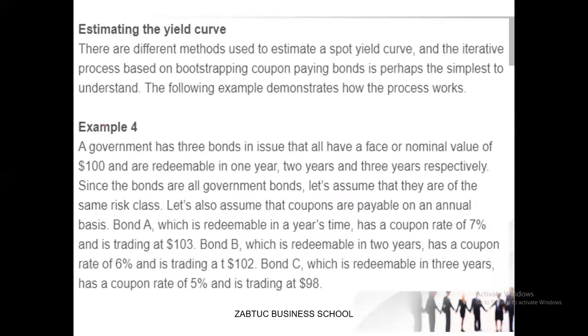Now, estimating the yield curve. There are different methods used to estimate a spot yield curve, and the iterative process based on bootstrapping coupon paying bonds is perhaps the simplest to understand. Some of you may say that statement doesn't sound true, because it sounds difficult to understand.